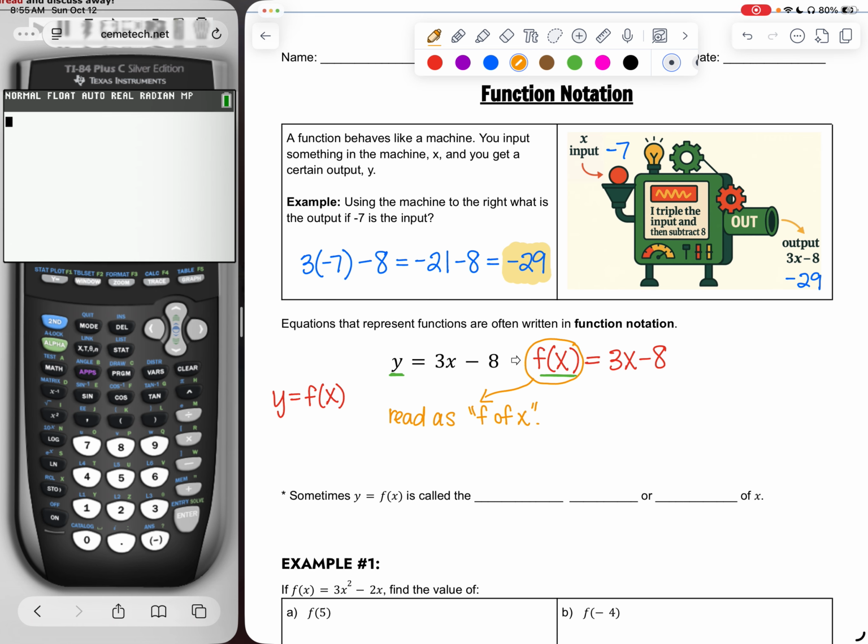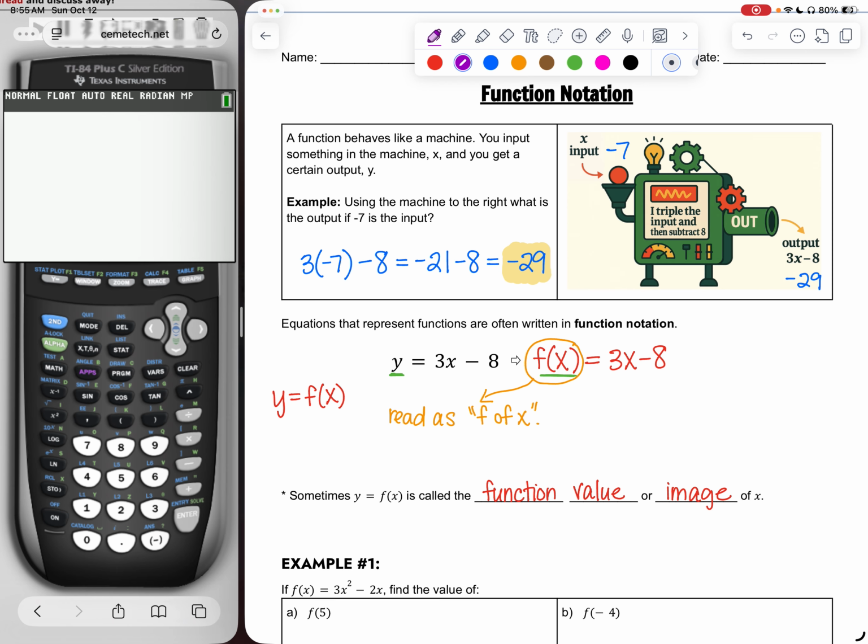All right. So now what we also need to realize is that sometimes y is equal to f of x. Sometimes that is also looked at as the function value, or what we like to call our image of x.